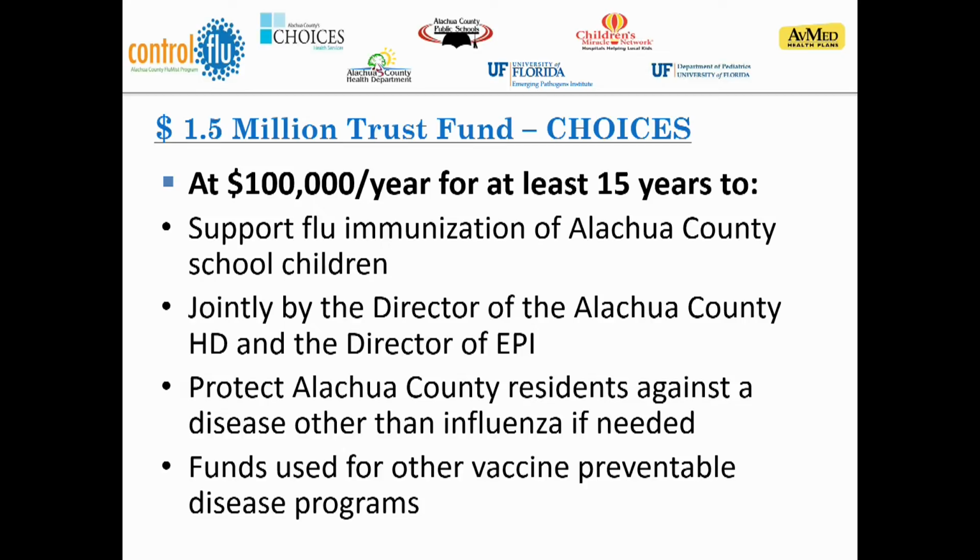And we did this knowing that we would protect the county residents from flu, but that we could also use this program and the infrastructure of our program to immunize against other things if this happened. For instance, if we ever had an Ebola outbreak, we could use the program infrastructure to immunize. Or if we were immunizing against Zika virus, for instance, we could use the infrastructure of our program.